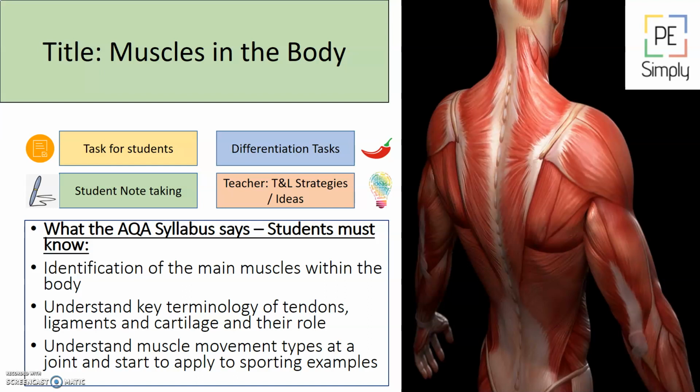So we're going to be looking at tendons, ligaments and cartilage, but we're also going to be looking at other keywords involving muscle movement types, so things like flexion, extension and so on, and then from that hopefully we'll be able to start to apply some sporting examples to the different type of muscle movements. So without further ado, let's get going in this particular topic.